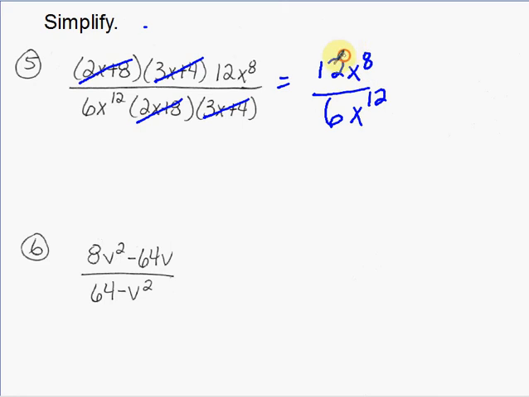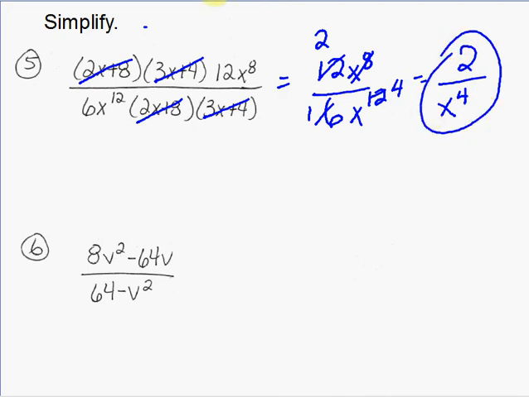Now I see that I can reduce this 12 over 6 to 2 over 1, and I'm going to subtract the exponents on my x's, so 12 minus 8 is going to be a 4. And my final answer would be 2 over x to the 4th power, just like that.